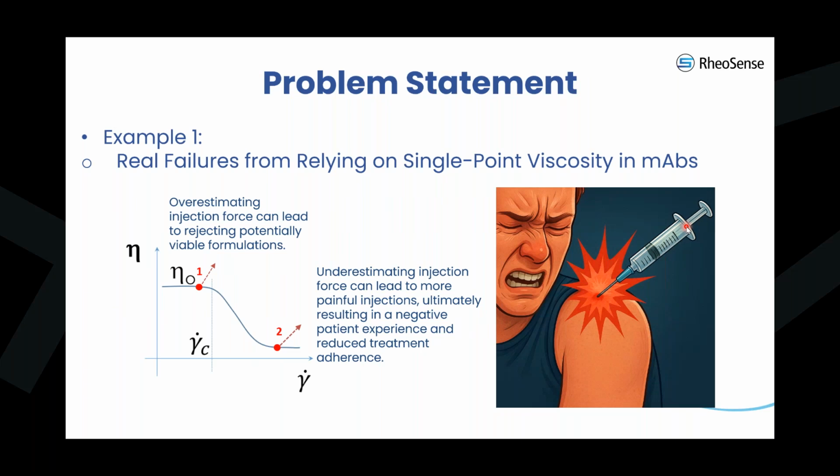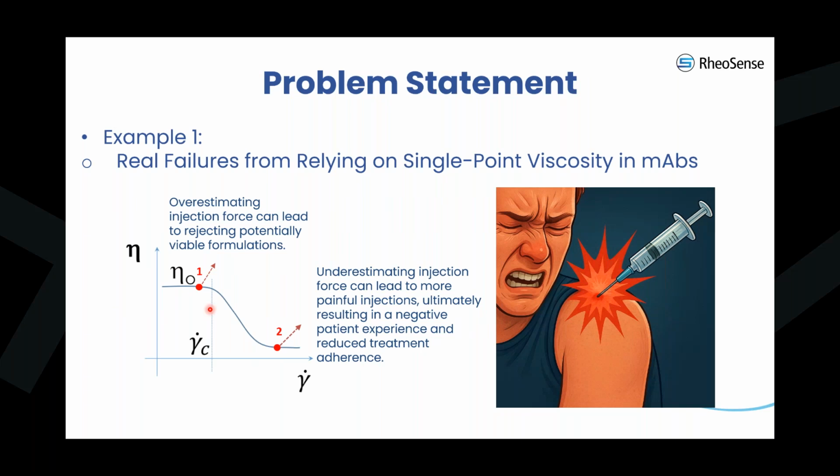In this case, a biopharma company developed a new mAb formulation and measured the viscosity at just 1 point, say 0.1 on this graph, at very low shear rate. They calculated injection force based on this single value. But during an actual injection, the fluid experiences much higher shear rates as it's pushed through a small needle.